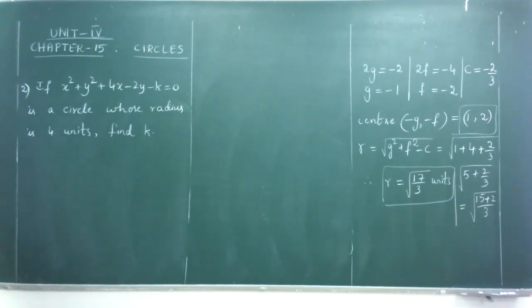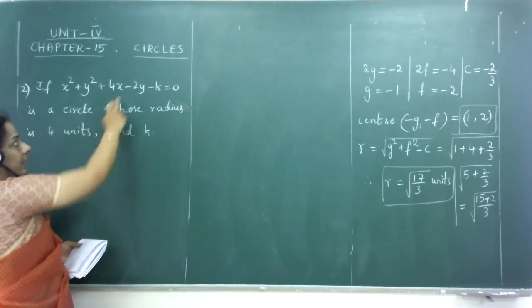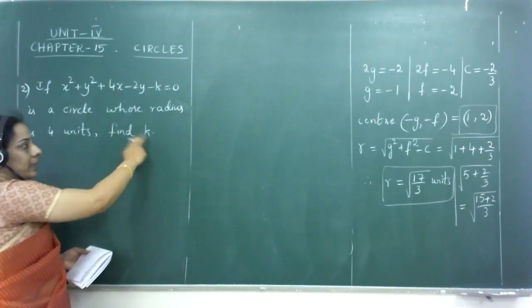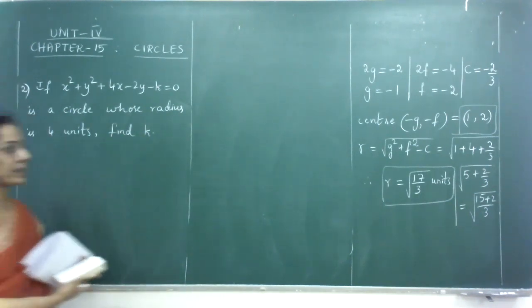You're not finding the center, neither the radius. You're using the radius is equal to 4 units here. They have given the equation of the circle. If so, then what happens to the value of the constant, which is k?